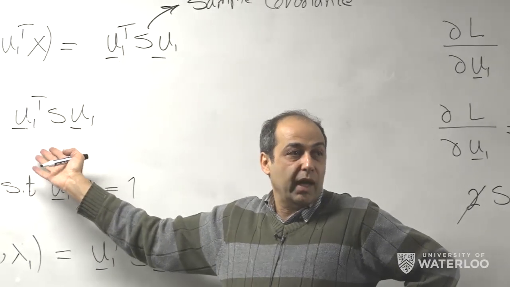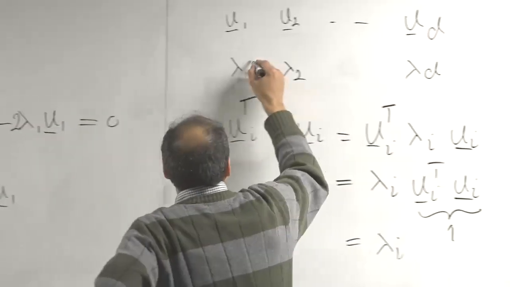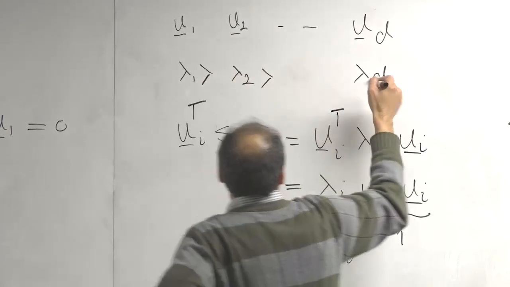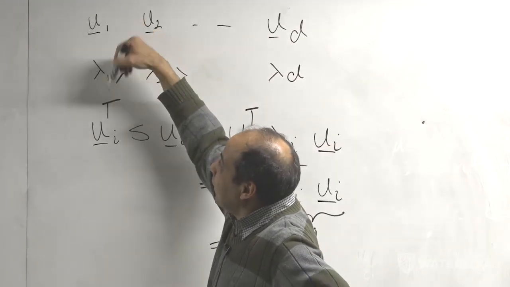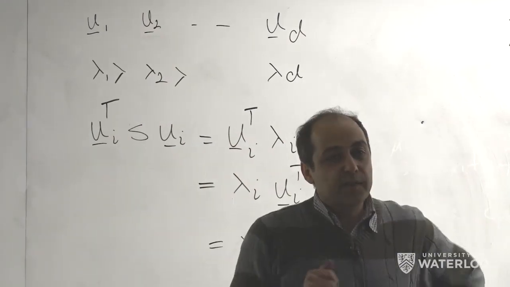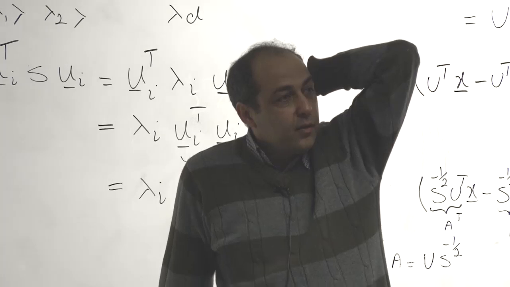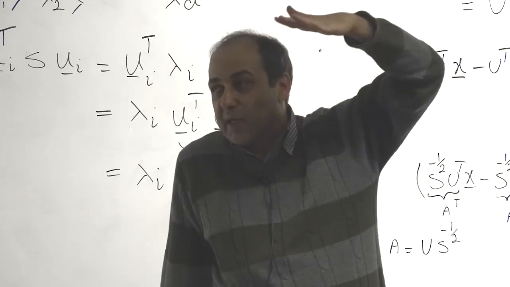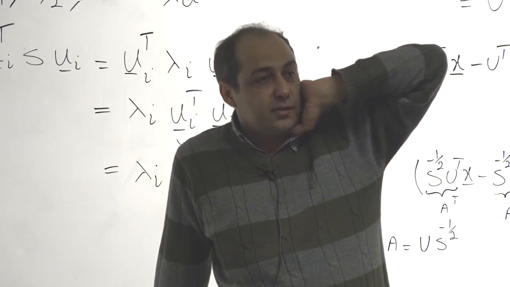And if I put un, the value is going to be lambda n. And I know lambda 1 is greater than lambda 2, and so on. So the maximum would be this pair, basically u1. Okay, u1 is the direction which maximizes the variation.